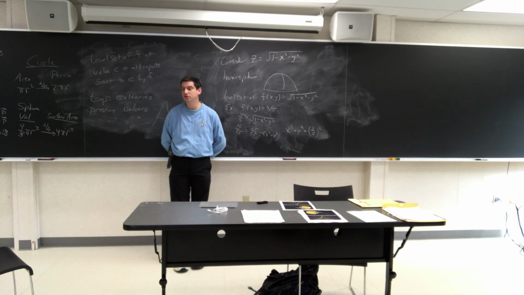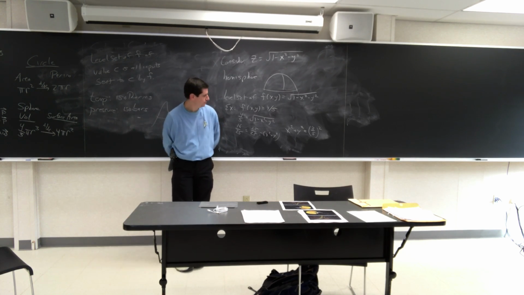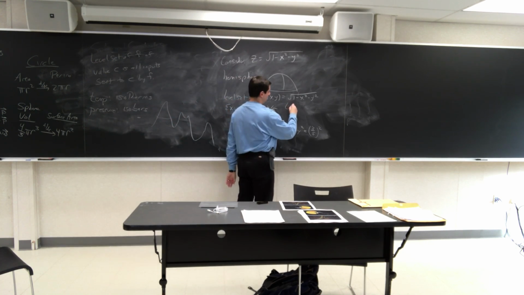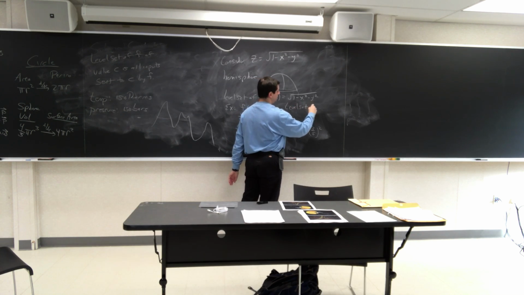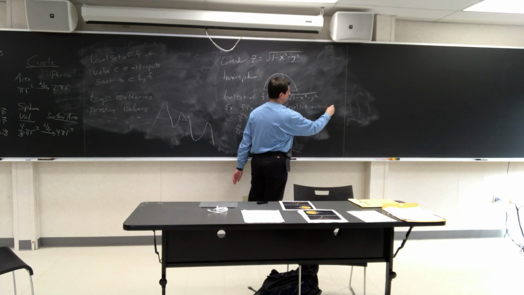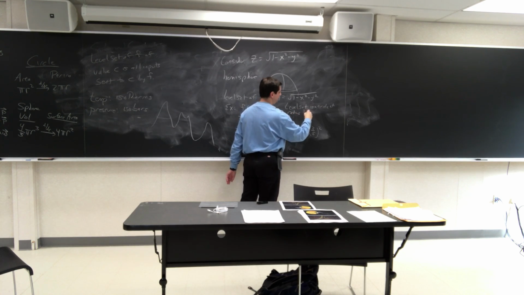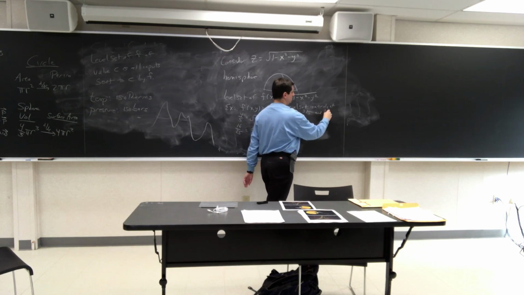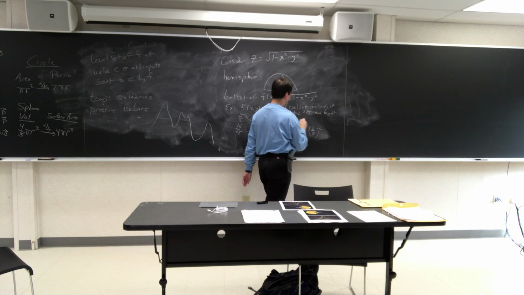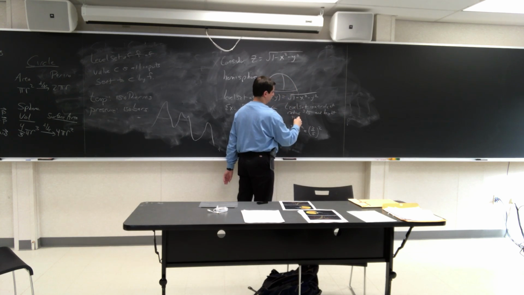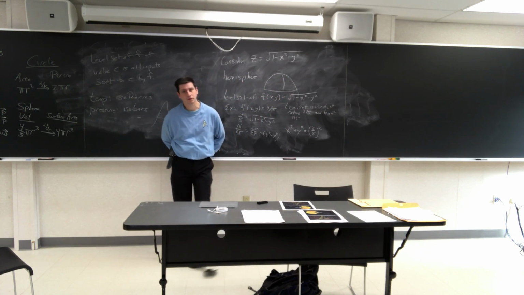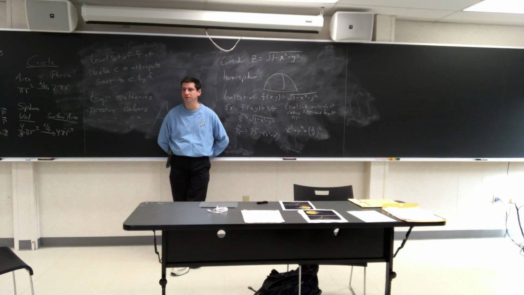So not only do we know it's a circle, the level set is a circle of radius 3/5 and height 4/5. It's just a circle above the xy plane.